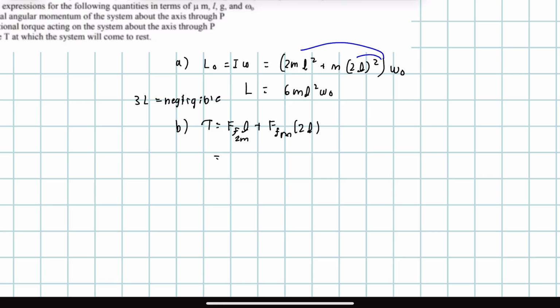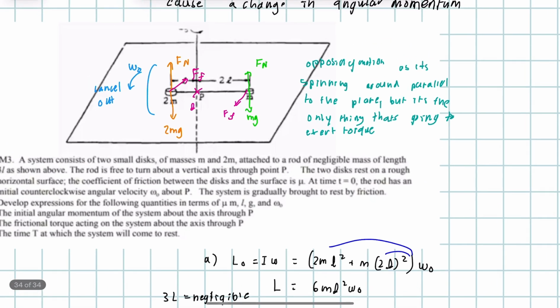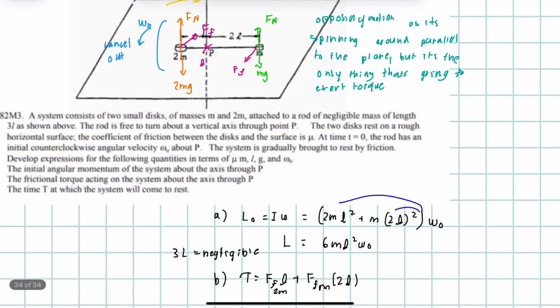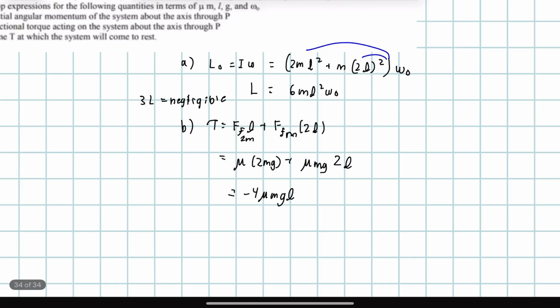And then when you move this down here, you have mu times 2mg, that's the friction force, plus mu mg times 2L. Multiplying that out, that's going to be -4 mu mgl. We can imagine that the acceleration is going in this direction. That's going to be your answer, that's the frictional torque.